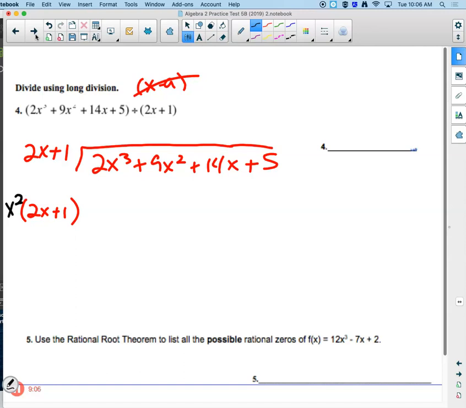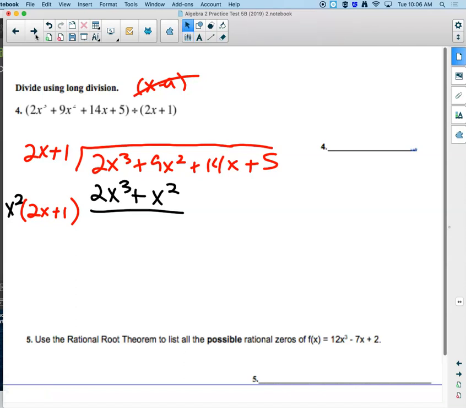Need an x squared. 2x times x squared will be 2x to the third. That gets us the first term, and that was exactly what we wanted. Because we're going to change those symbols to subtraction, and think about it as adding a negative. So x squared did exactly what it needed to do. I'm going to put it up there as part of my answer. 2x cubed minus 2x cubed is 0. Perfect. That's what we needed.